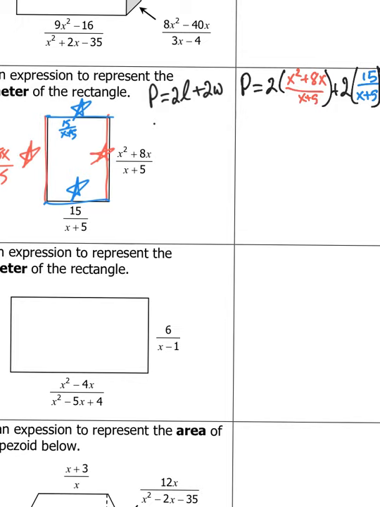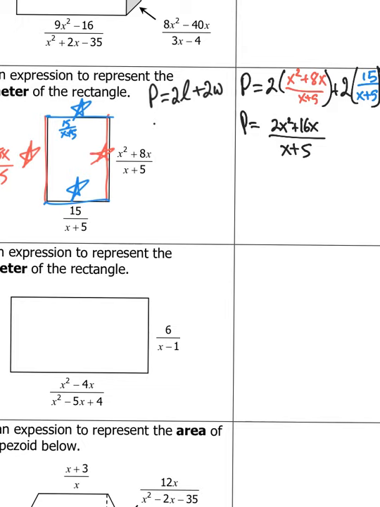Okay, so let's go for that now. So I get the perimeter is 2x squared plus 16x over x plus 5. Now, if you're wondering why I didn't multiply the bottom by 2, it's because if you had some fraction like 2/3 and you were multiplying it by 2, you wouldn't multiply the top and the bottom, or else it would just reduce to the same fraction.